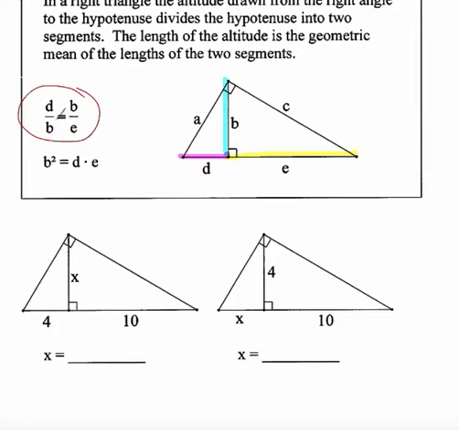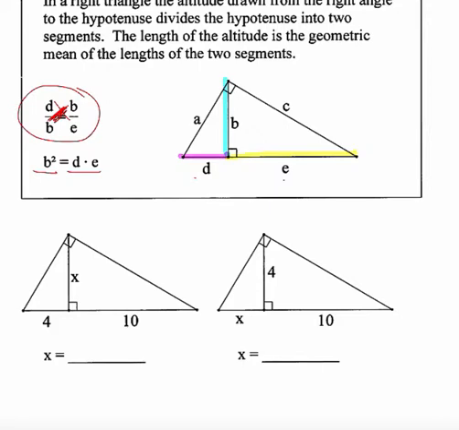But when you solve a proportion, you're always going to cross multiply and say B times B is B squared, and then D times E is D times E. So what happens is, and how I'm always going to start to say this is, the altitude squared should always equal the two parts that it created, in this case D times E. So let's look at that with some numbers.